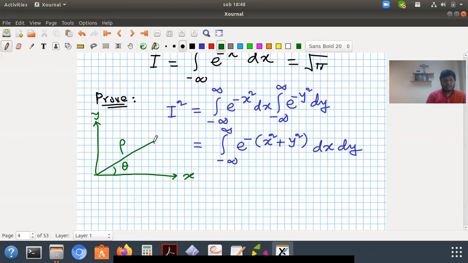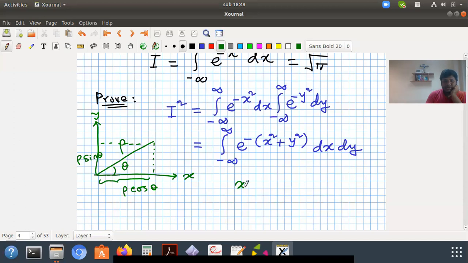So from here you can define x as rho cos theta, and y as rho sin theta.